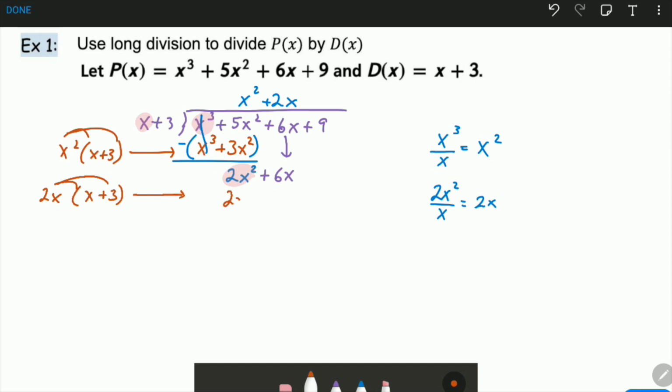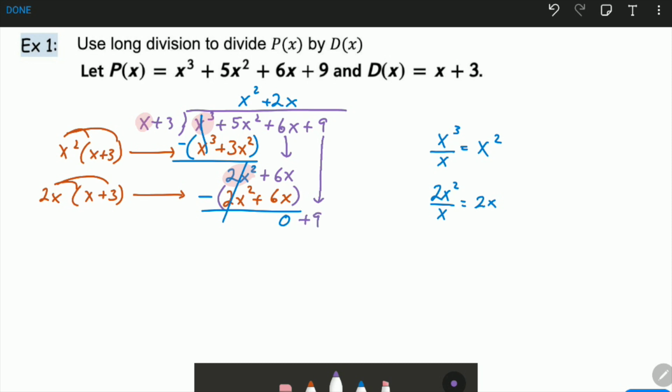Distributing it through, I get 2x squared plus 6x. And now we'll subtract. 2x squared minus 2x squared cancels out. And 6x minus 6x cancels out and gives me 0. We'll bring down our next term of plus 9.